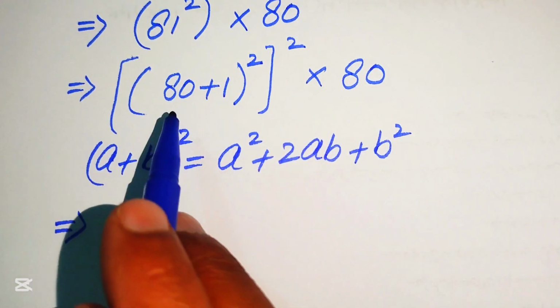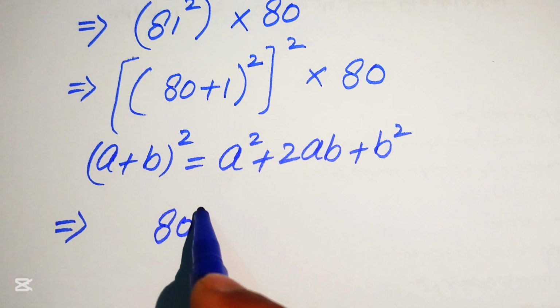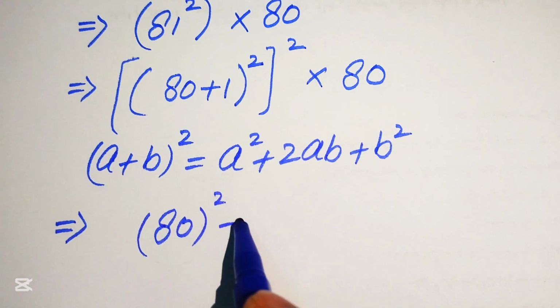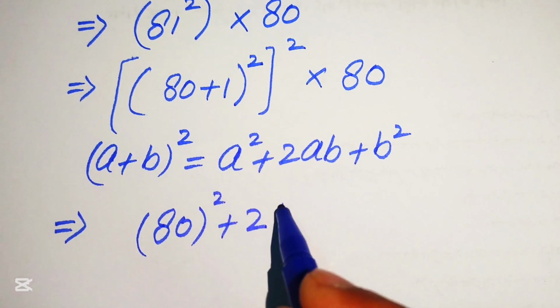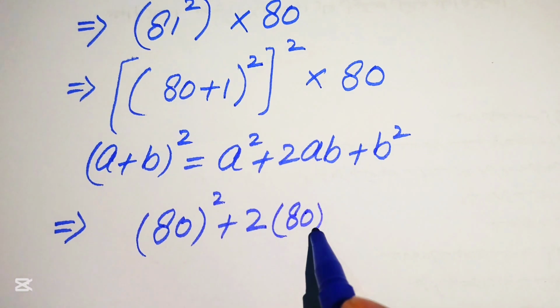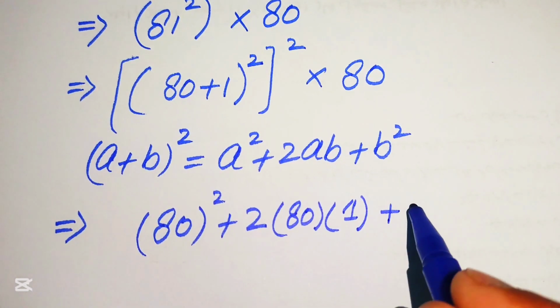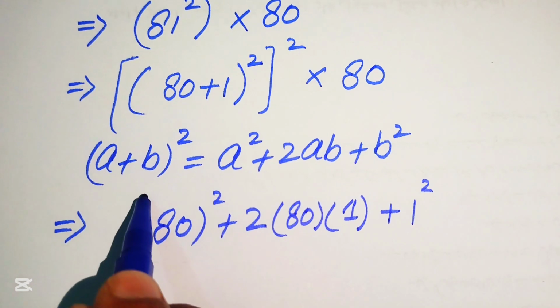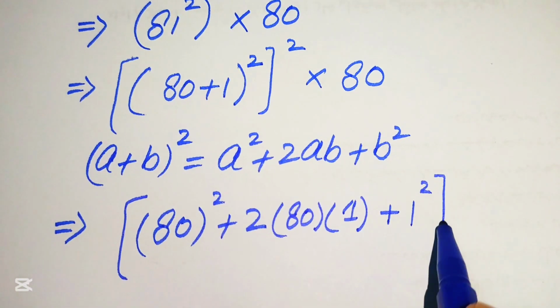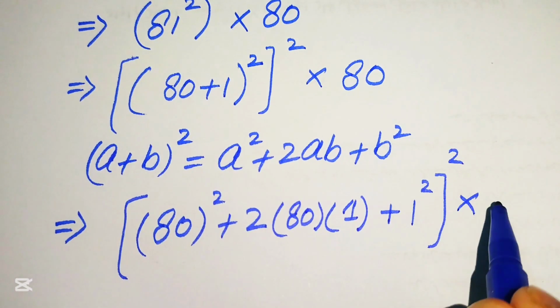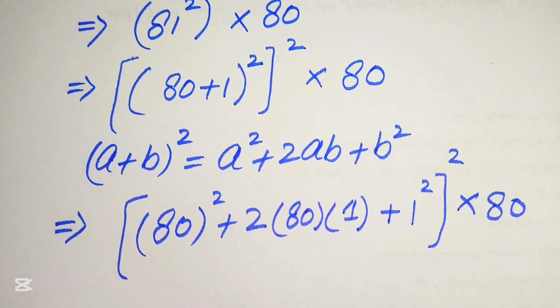First is a squared, where our a is 80, so 80 squared, plus 2 times ab, where again a is 80 and b is 1, plus b squared, so 1 squared, and its whole square, multiplied by 80.